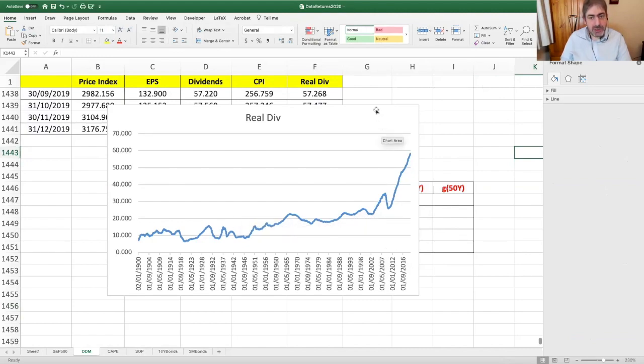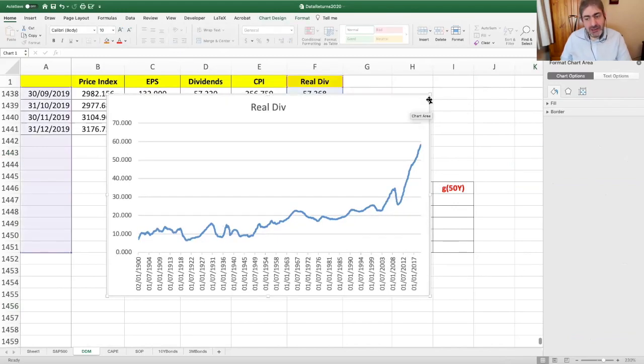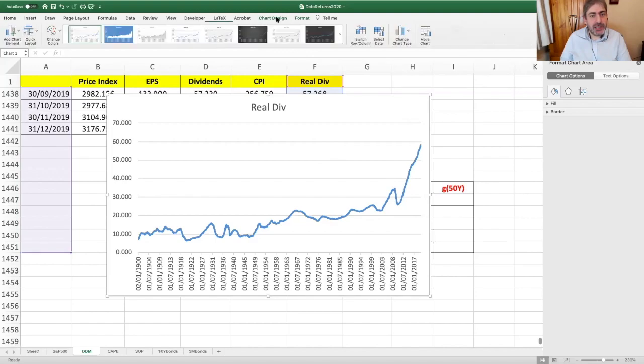Okay? So there are two problems here. One is what Julian is referring to. 10 years ago was the global financial crisis. Well, technically now it's 12 years ago, but it was the global financial crisis. And so dividends fell here. Okay?